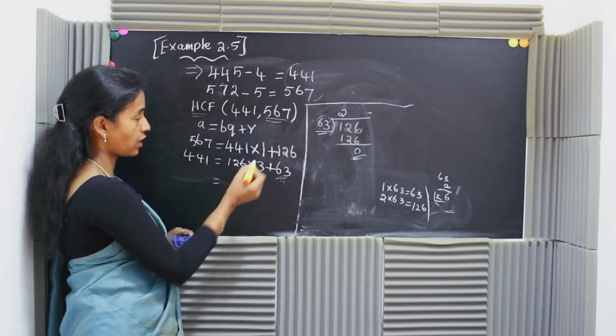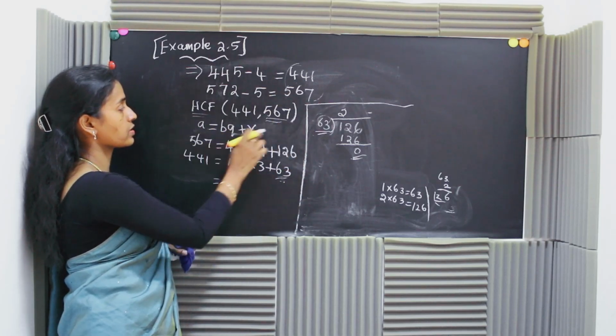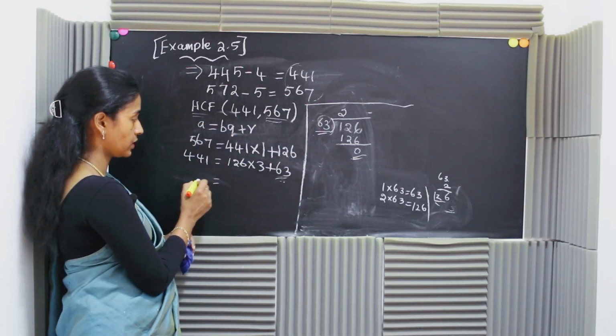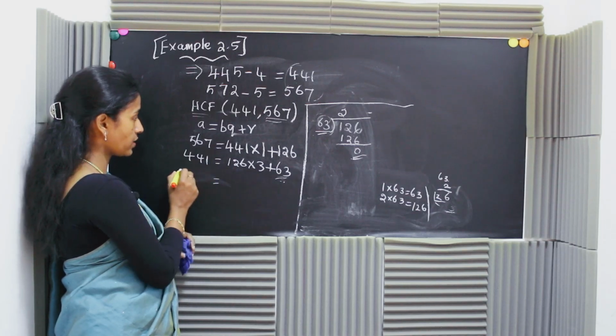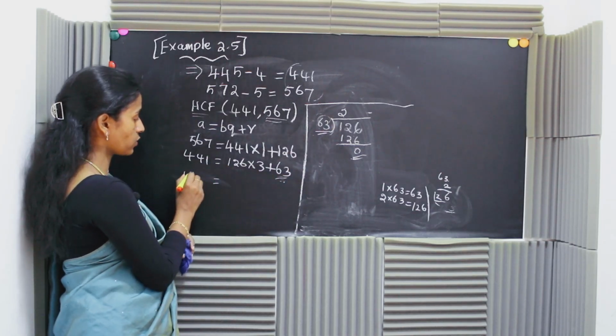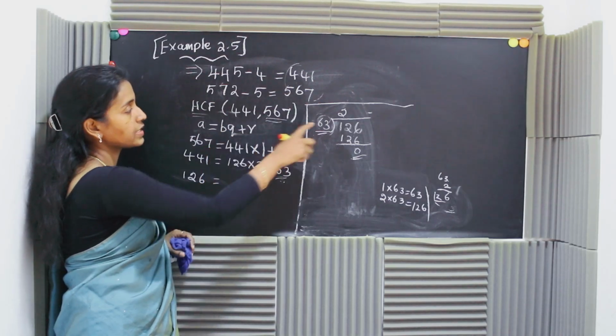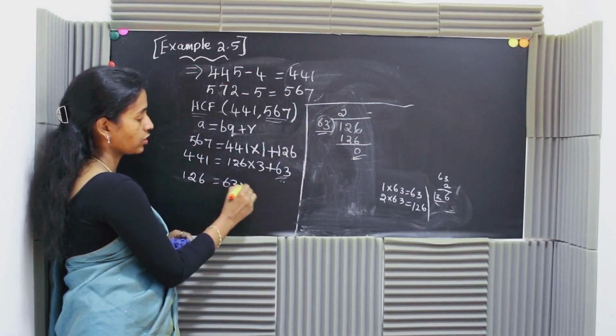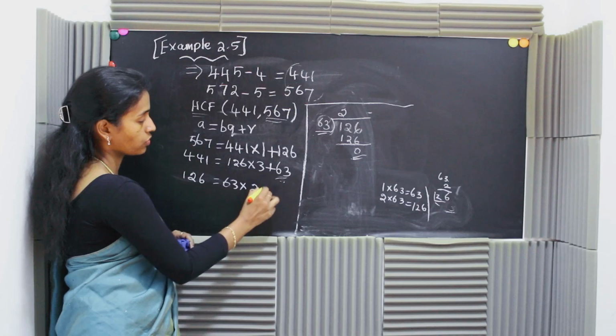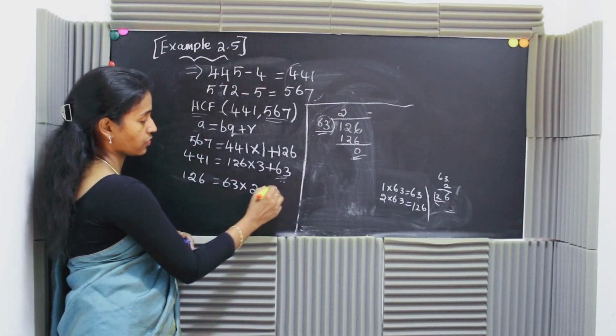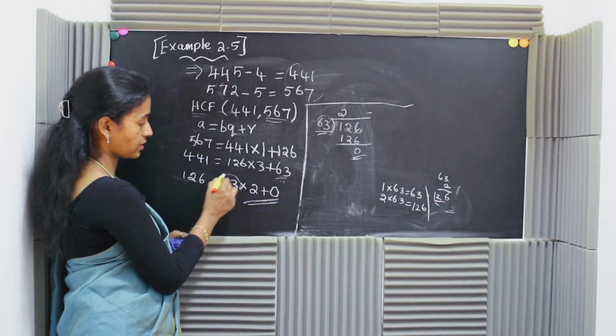Now we can write how we can apply this value in this lemma formula. A is 126, B is 63, Q is 2, remainder is 0, right? Here what is the divisor?